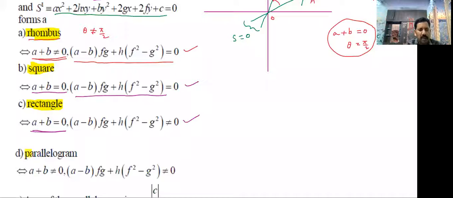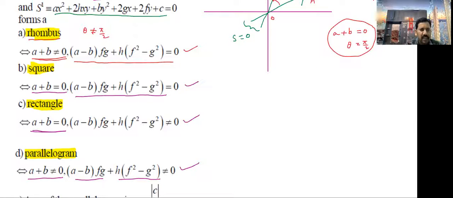Next, parallelogram. We know that in a parallelogram, the angle between adjacent sides is not 90 degrees. That's why a plus b is not equal to 0, and (a minus b) into fg plus h into (f square minus g square) is not equal to 0. These two conditions satisfied means the quadrilateral is a parallelogram.